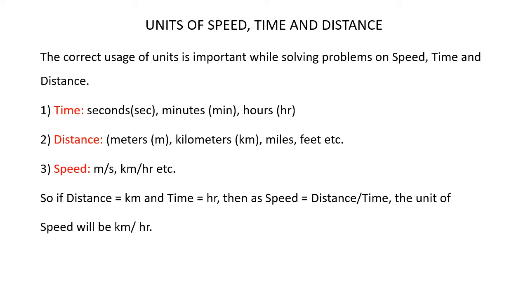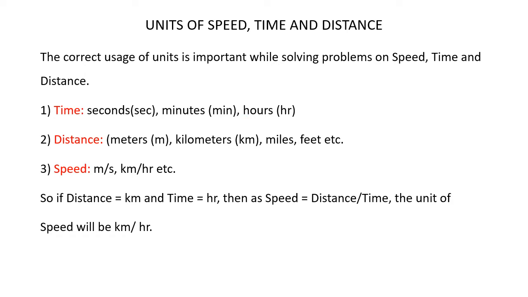Let's learn about the units of speed, time and distance. The correct usage of units is important while solving problems on speed, time and distance. Now the units for time are seconds, minutes, hours.